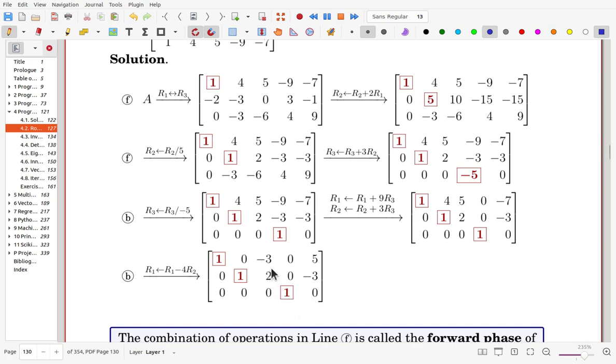Now, when we try to eliminate these two values and that one, we could eliminate this one first, and then after eliminating that one, eliminate this one.